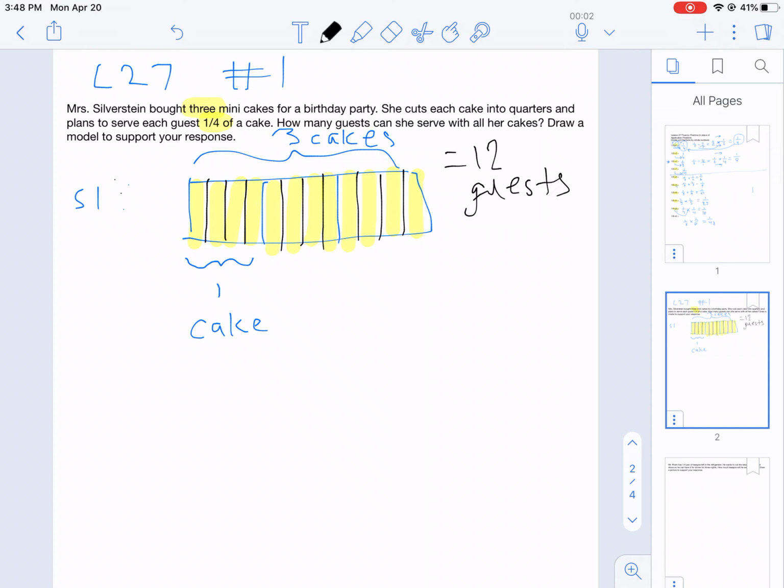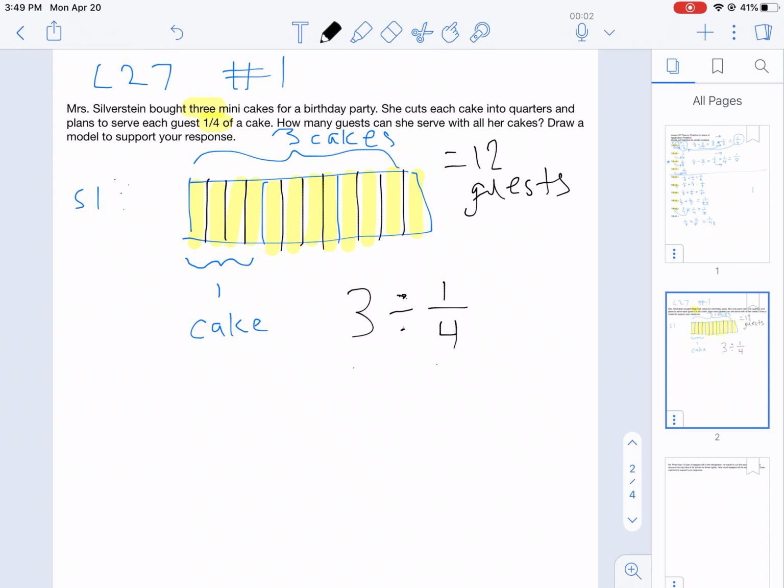Another way to solve this is by taking our whole, the whole that we started with, and dividing it into quarters. We divided each cake into quarters, and there were 3 cakes. So 3 cakes divided into quarters.